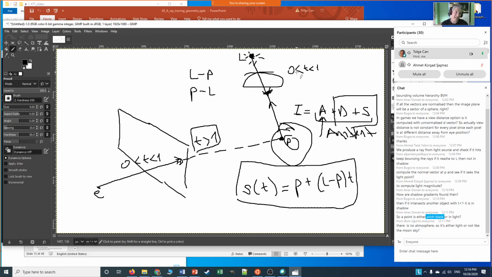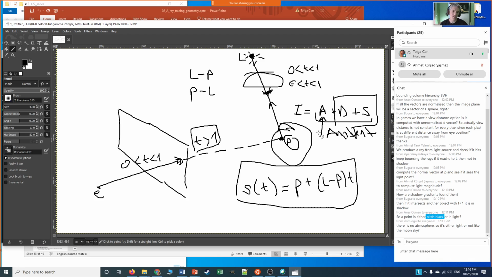Even if you do not have equality and you have strictly larger than 0, because of floating point errors, self-intersections will cause small patches, like noisy speckles of shadow. Therefore, instead of using 0 here, we can use an epsilon value to indicate whether it's in shadow or not. Okay, so the purpose of this question, we will come to shadows later.